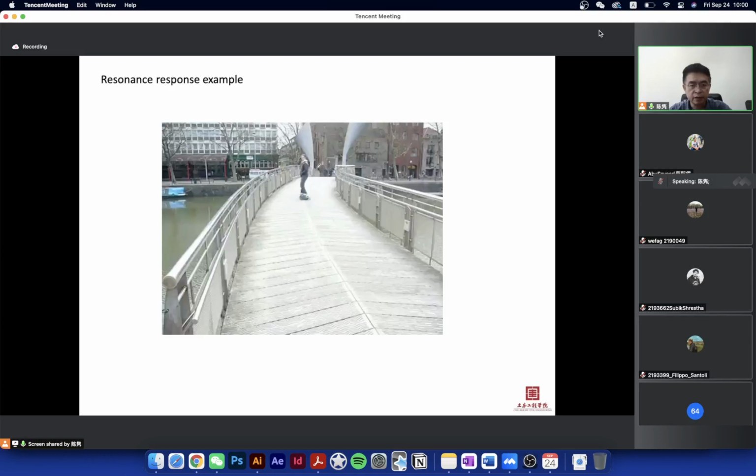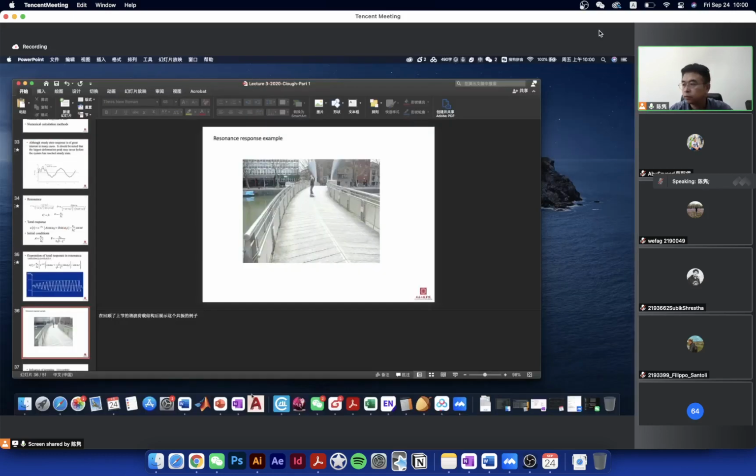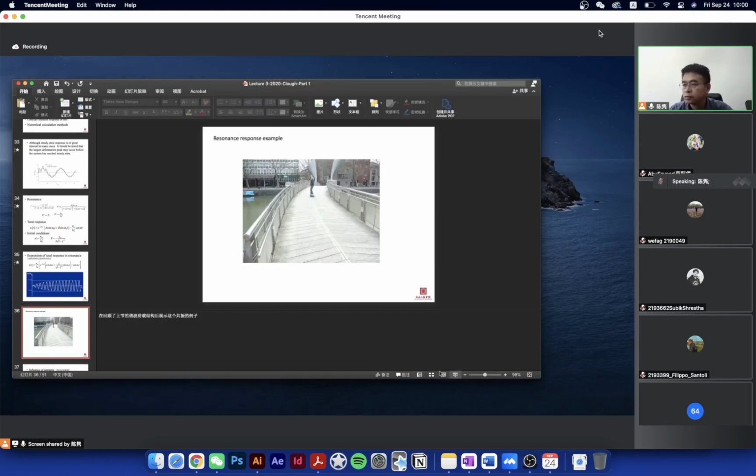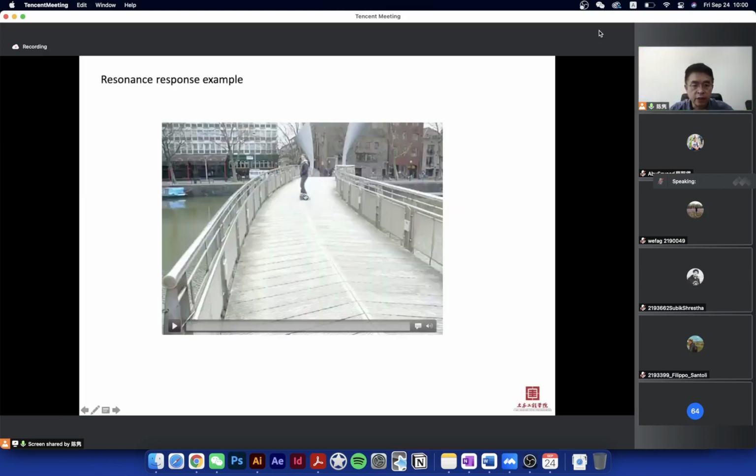Here's the example. You see, here's a person standing on this bridge. Standing on the bridge means a static load. So you have a bridge, and a person standing in the middle of the bridge.